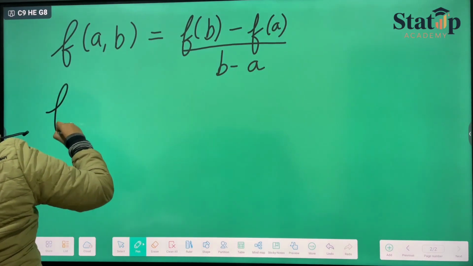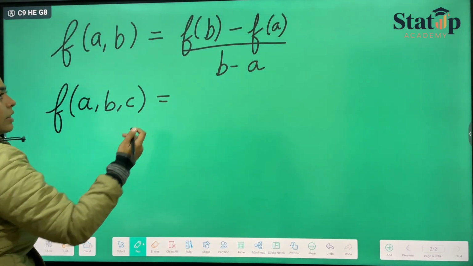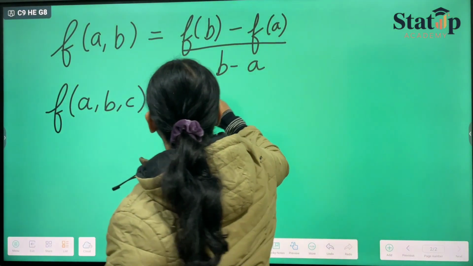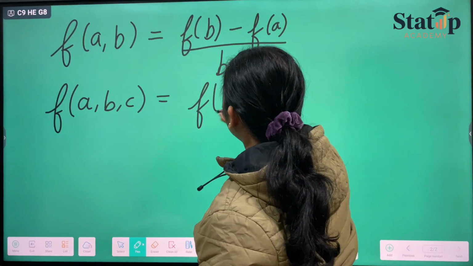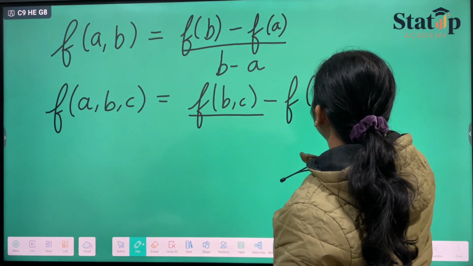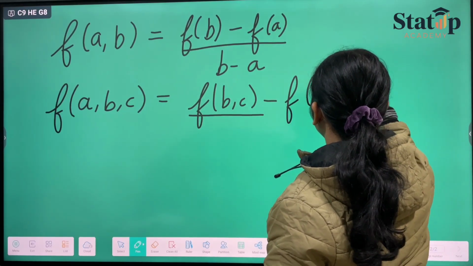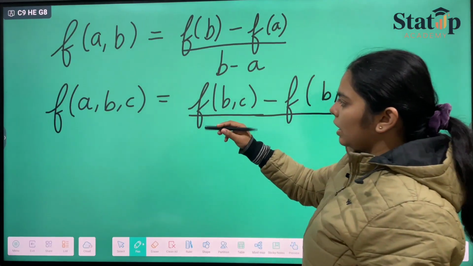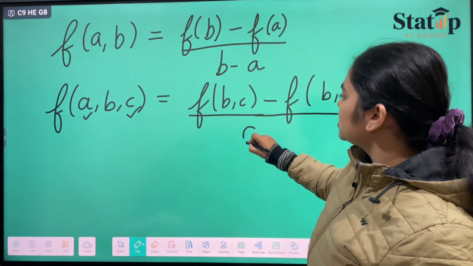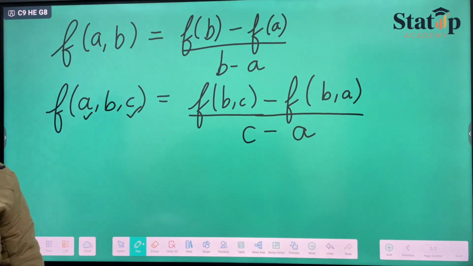Now if we have to calculate f(a, b, c) of three terms, then what will we do? We will write it as f(b, c) minus f(a, b) upon the last term, which is c, minus the first term, which is a. c minus a. This is the term we are talking about.